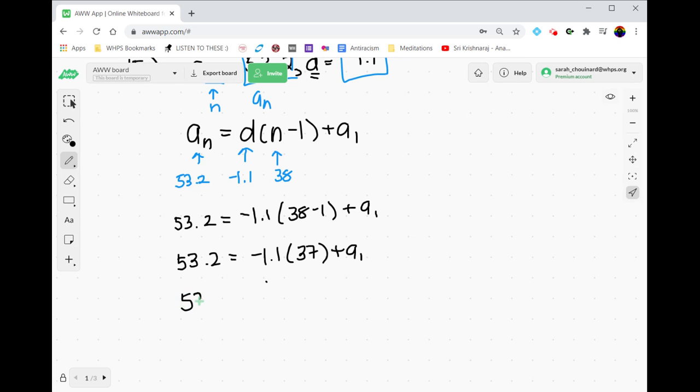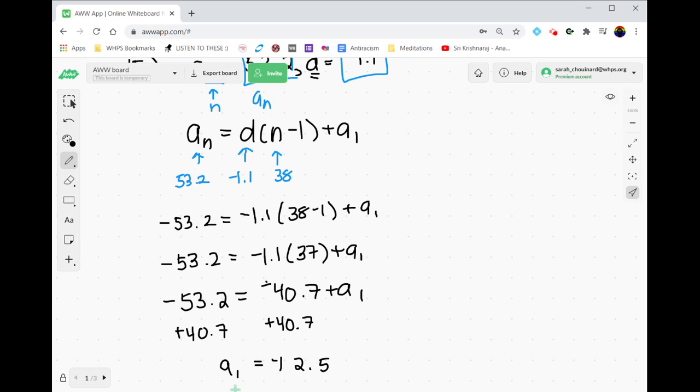So 53.2 is equal to negative 40.7 plus a sub 1. To solve, I'm going to add 40.7 to both sides so that I can find a sub 1, and I get that a sub 1 is equal to negative 12.5. Sorry, I wrote this was positive 53.2, but it was in fact negative. So that's why I'm getting negative 12.5.